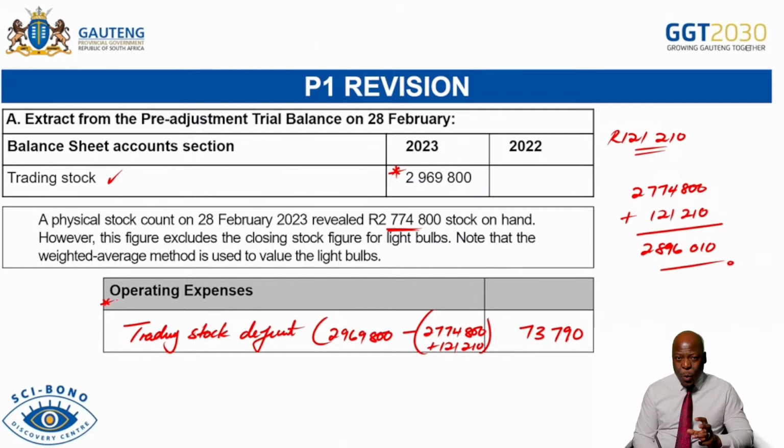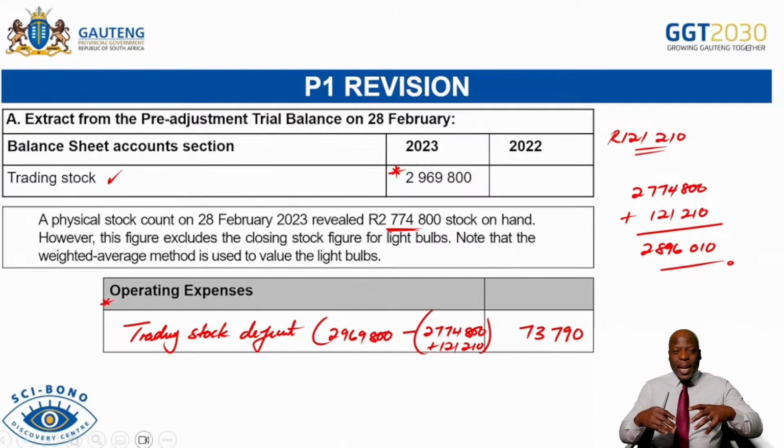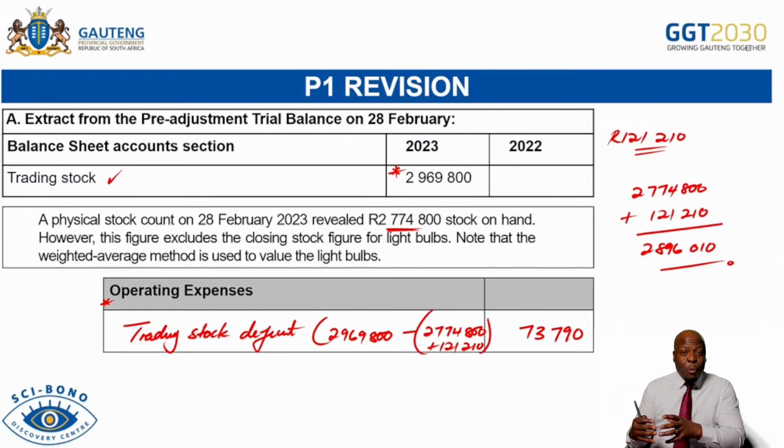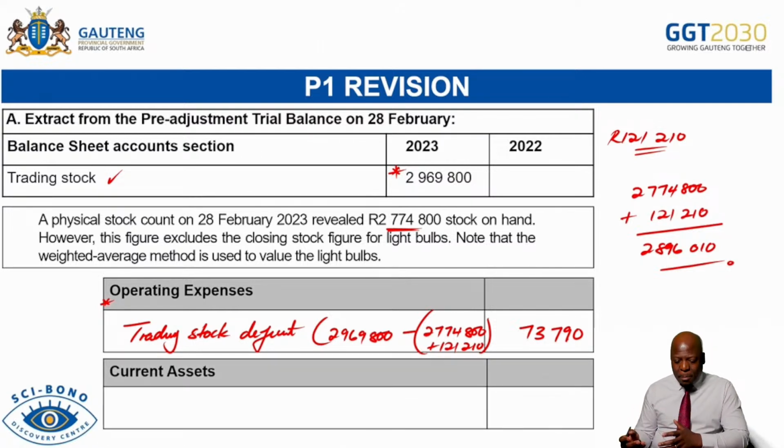But I know as well, remember what I said, if you get a statement of comprehensive income, it must be done at the same time with a statement of financial position. So if I were to complete the statement of financial position, that means I'll come under my current assets, and then I'll say my trading stock.